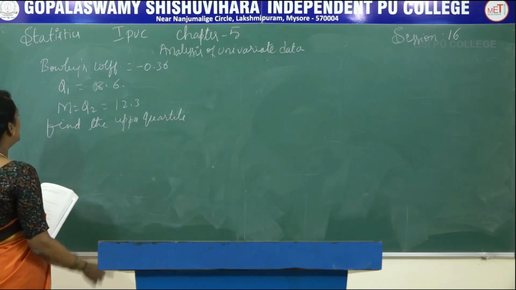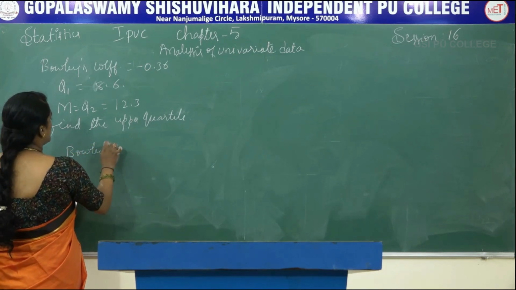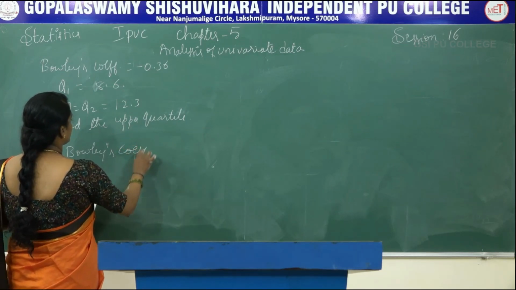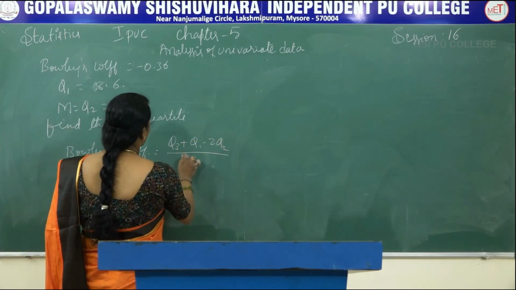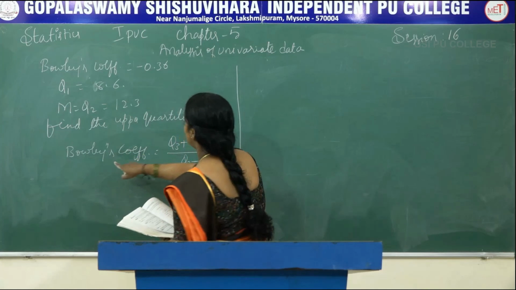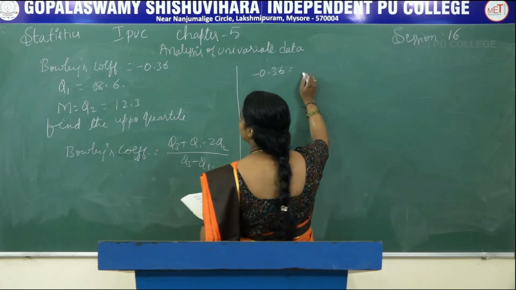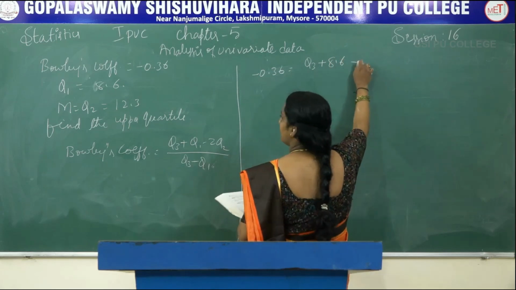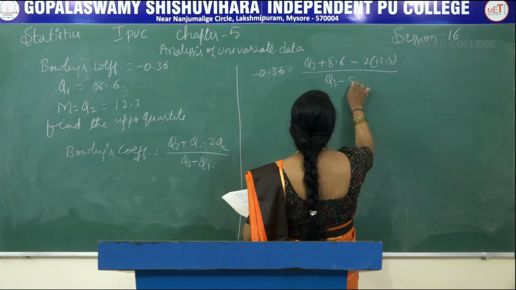They have given Bowley's coefficient, so first we will write the formula: (Q3 plus Q1 minus 2Q2) divided by (Q3 minus Q1). Substitute the values: minus 0.36 is equal to (Q3 plus 8.6 minus 2 into 12.3) divided by (Q3 minus 8.6).